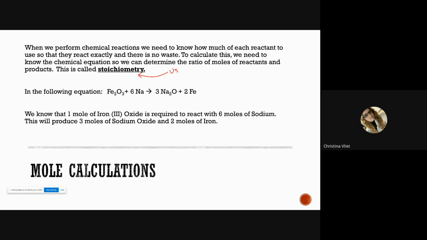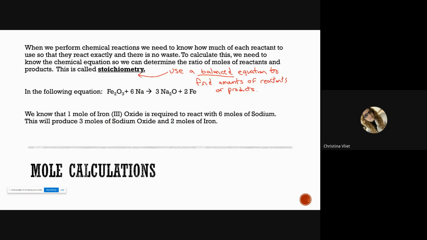So when we use a balanced chemical reaction to find amounts of reactants or products, this is called stoichiometry. There were two different types of stoichiometry you needed to be well versed in. One of them was called moles to moles, and the other one was called grams to grams.